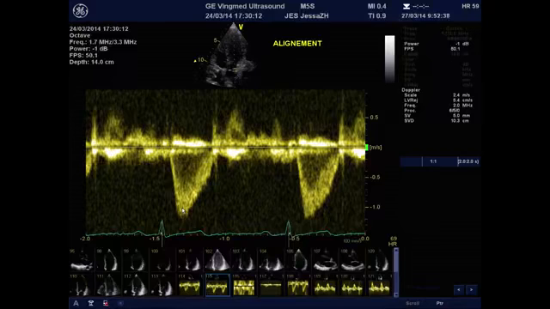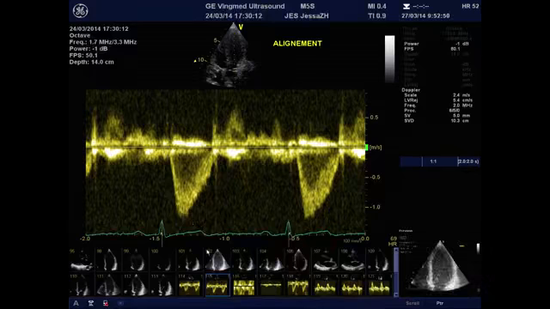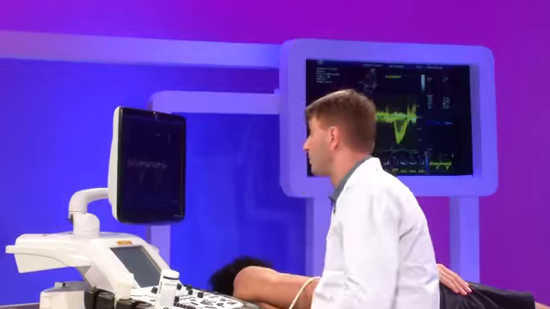In this case, when you tilt your probe and reposition the probe, you align it well, you will get higher velocities. And in a normal aortic valve, it might not differ a lot, but especially if you look at high velocities, aortic stenosis, for instance, it will make a big difference. So very good alignment of your beam to the flow of the blood is very important.